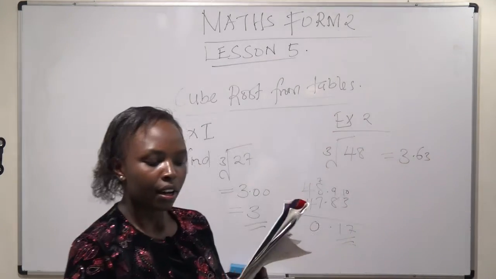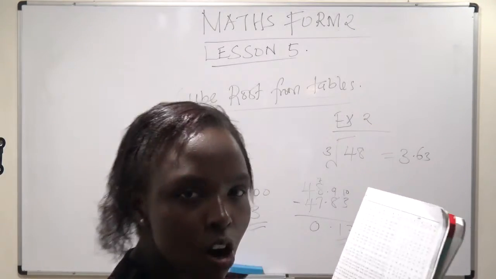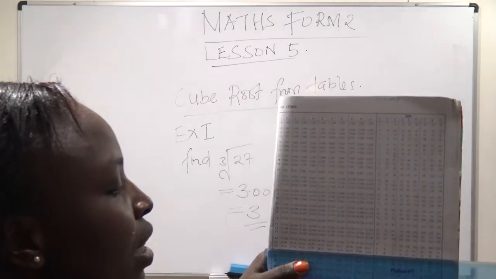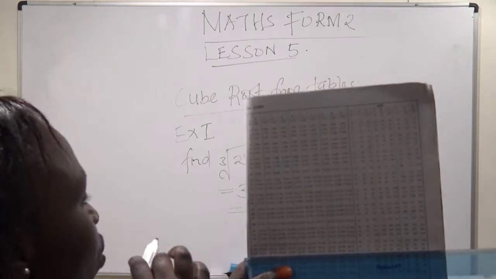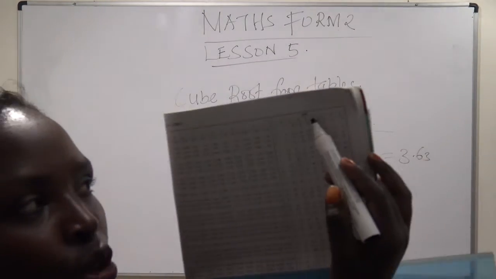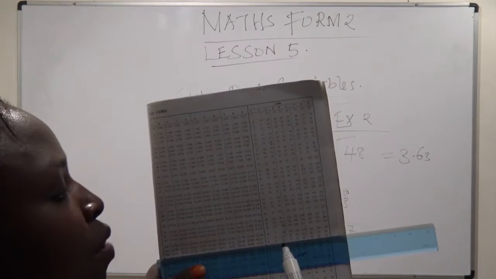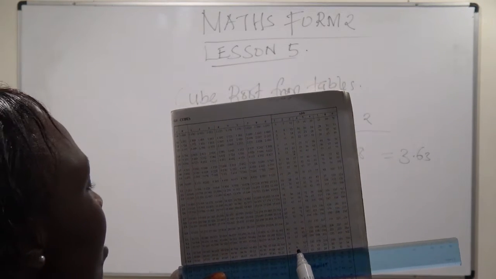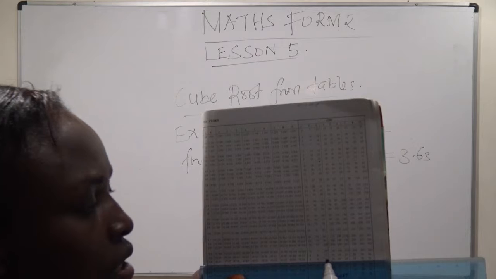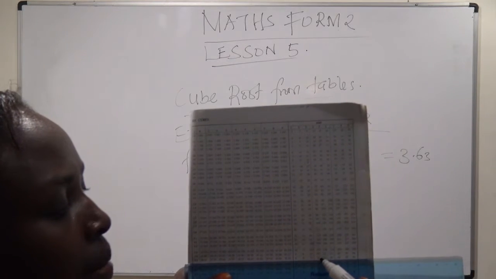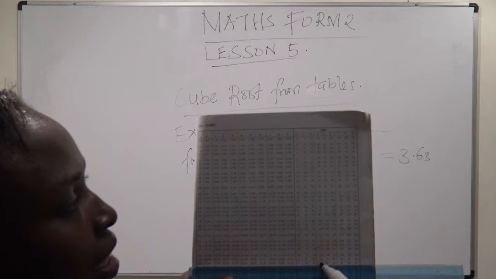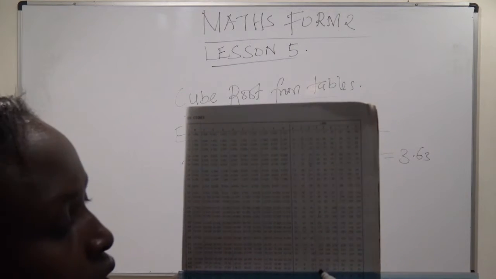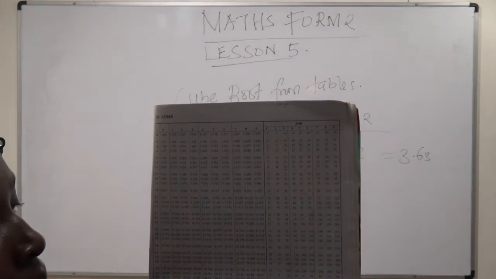Now you are around the same row of 3.6 because that's where you found our 47.83. You go up to where you have a number in the addition column there, if not exactly 17, the one that is closest to 17, and that number is here, 16. And which is that number corresponding to 16? That number is 4.